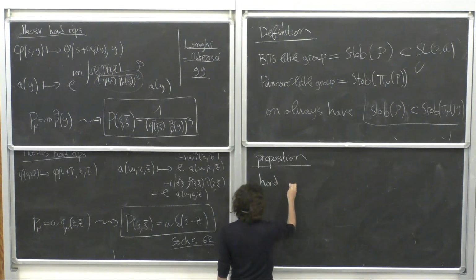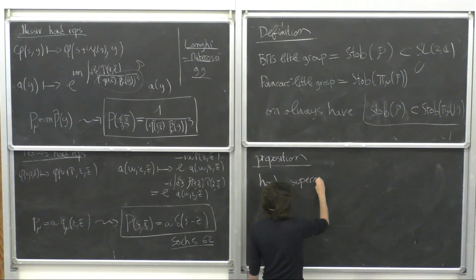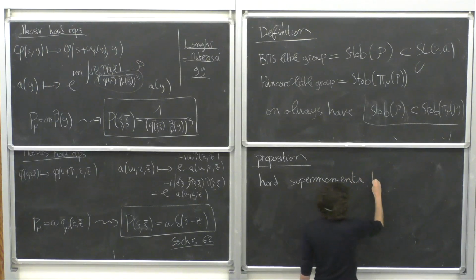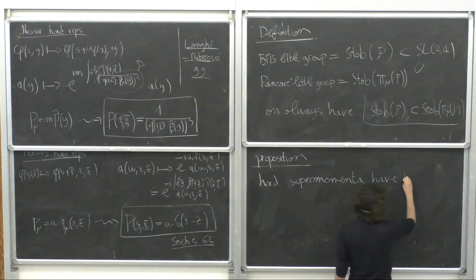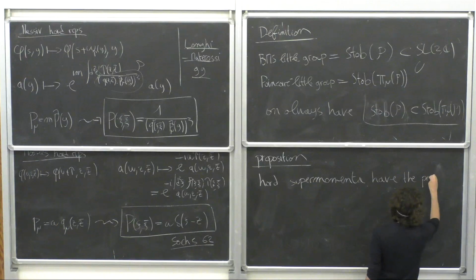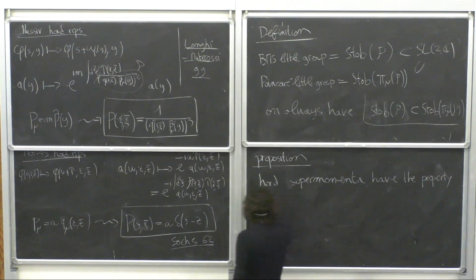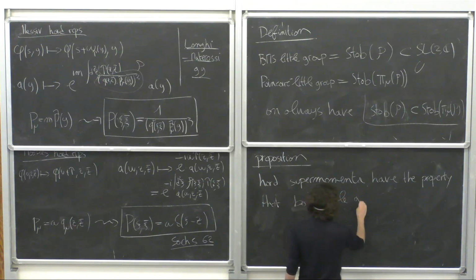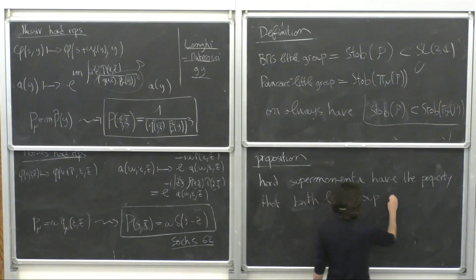Hard supermomenta have the property that both little groups coincide.